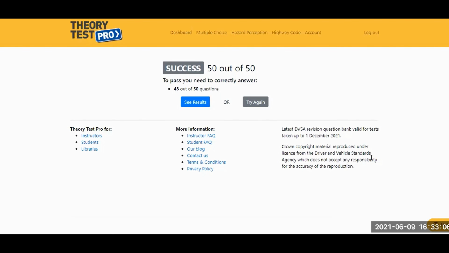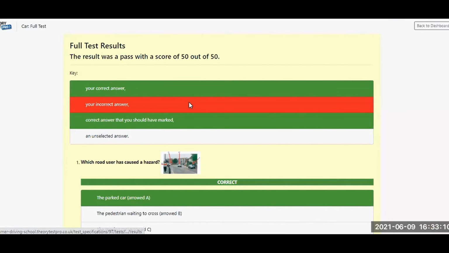Now if someone does the mock test with us, then after we finish, sometimes you give wrong answers. Then we go through all the wrong answers with you and we get a list like this. Wherever we see the red color, that means these are the wrong answers, but so far there's no wrong answer, it's all green. So when we see some wrong ones, we go through them and tell you the rules and regulations, so next time you don't forget.